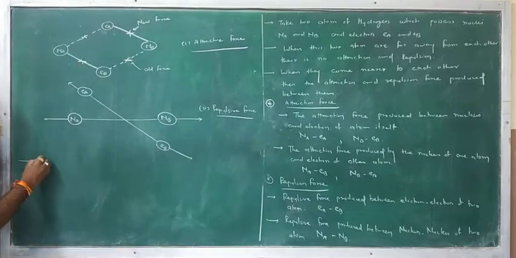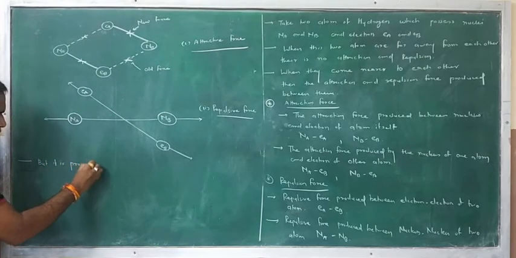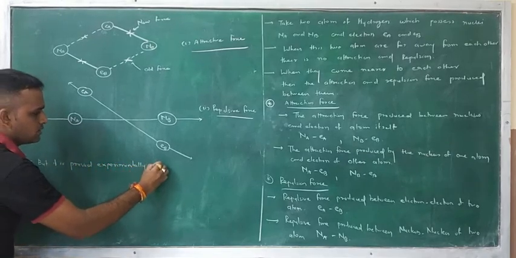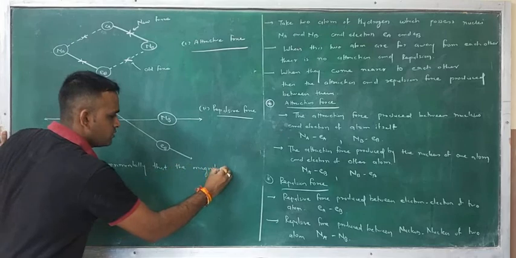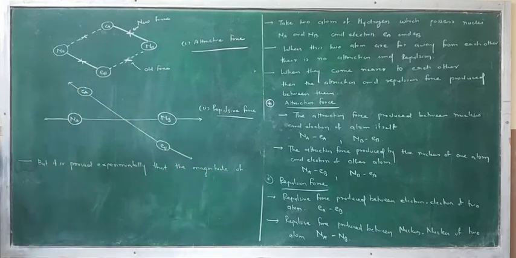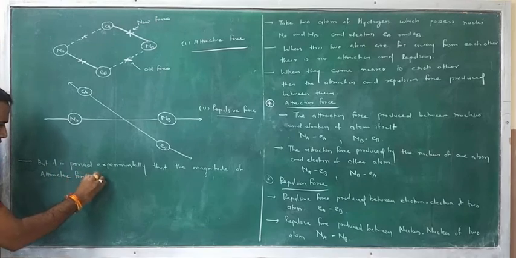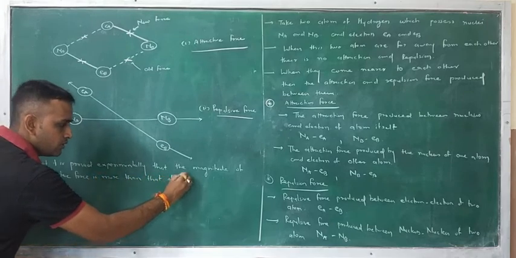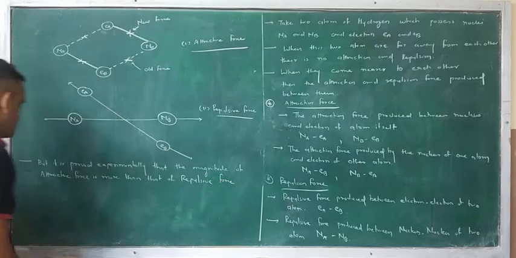So I can write down here, it is proved experimentally that the magnitude of attractive force is more than that of repulsive force. Understand? Is it clear?